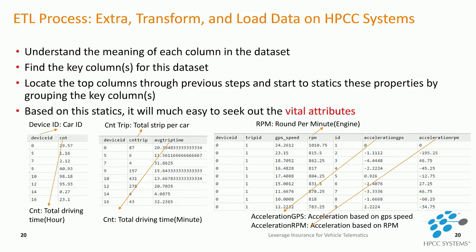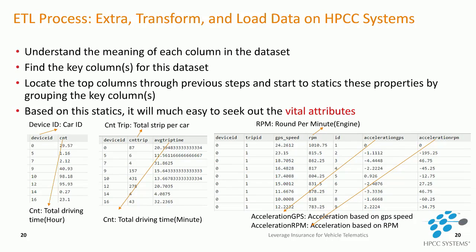After locating the top columns through previous steps, start computing statistics on these properties by grouping the key columns. This is a vital point in the whole process, as it's impossible to enhance all the properties in the data set. Therefore, the more time you spend on this step, the less likely deviation the model will have.